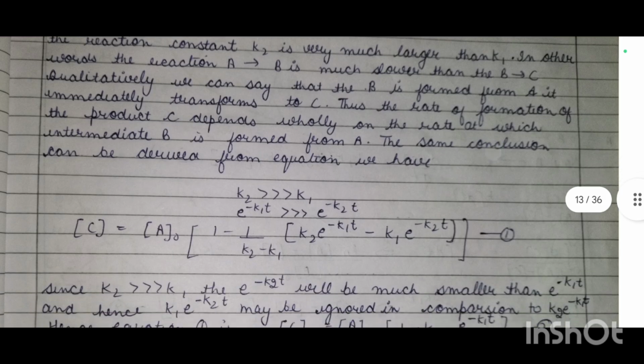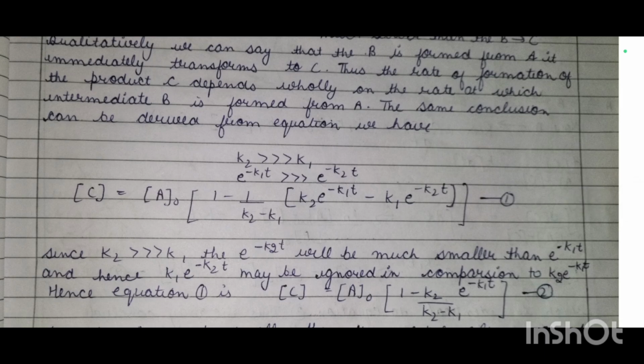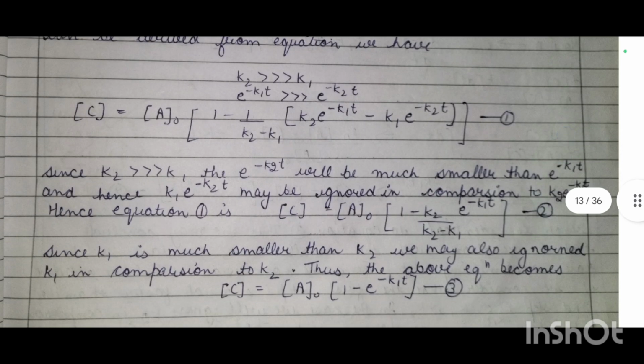K2 is much greater than K1, and e to the power minus K1t is much greater than e to the power minus K2t. The concentration of C is equal to A naught multiplied by 1 minus 1 by K2 minus K1 multiplied by K2 e to the power minus K1t minus K1 e to the power minus K2t. Since K2 is much greater than K1, e to the power minus K2t will be much smaller than e to the power minus K1t.